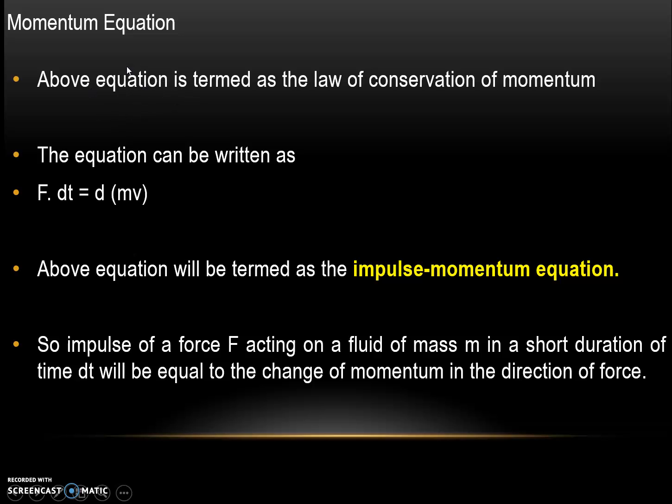The equation which we have just seen is termed the law of conservation of momentum, and the same equation can be written as F dt equal to d of mv, and this equation is called the impulse momentum equation. So, the impulse of a force F acting on a fluid of mass m in a short duration of time dt is equal to the change of momentum in the direction of force.